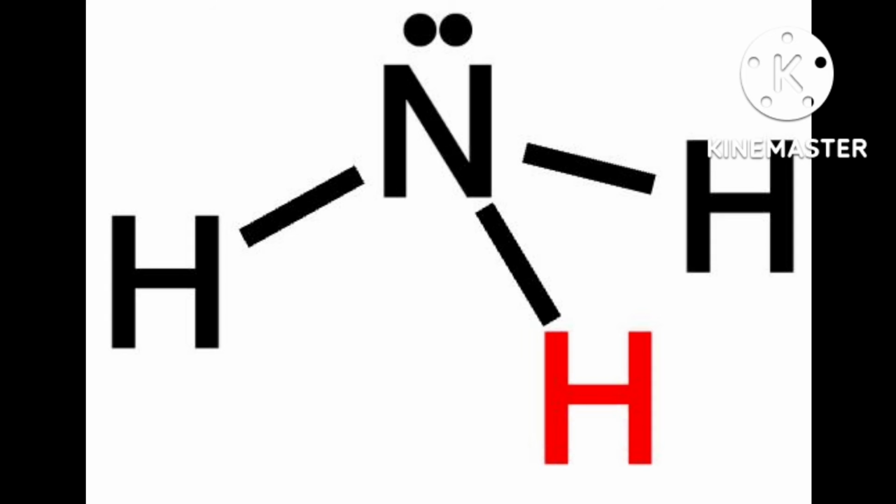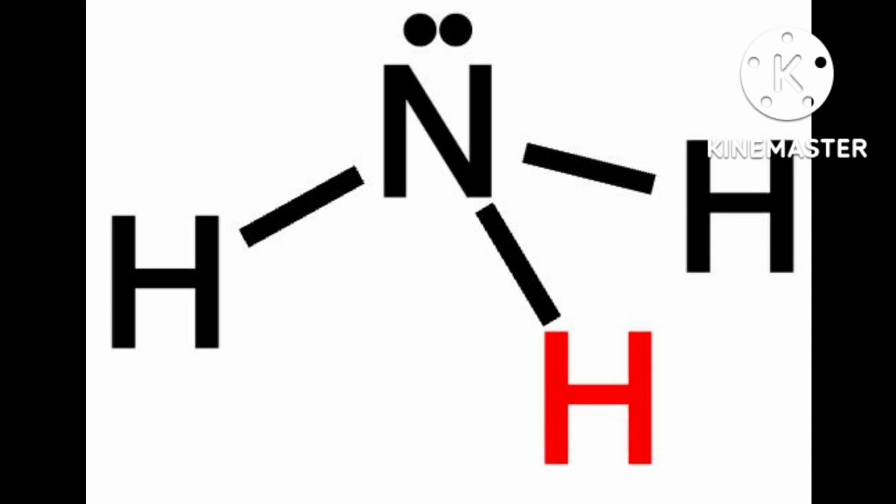The reason is that lone pair-lone pair repulsion is more than lone pair-bond pair repulsion, which is more than bond pair-bond pair repulsion. Thus the angle is reduced to 104.5 degrees from 109.5 degrees.